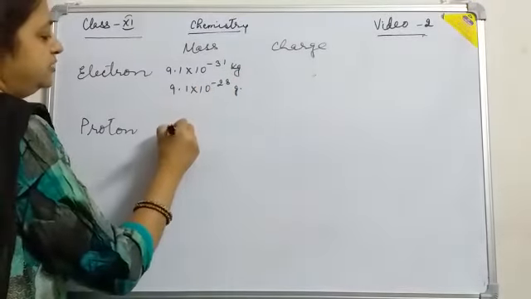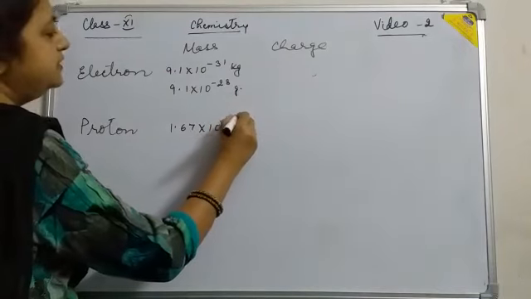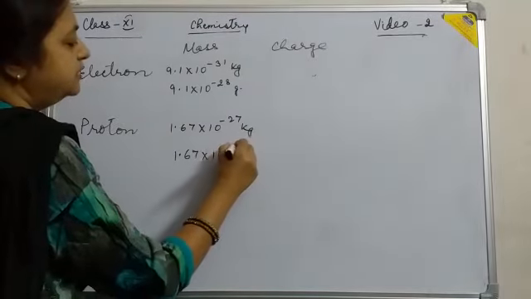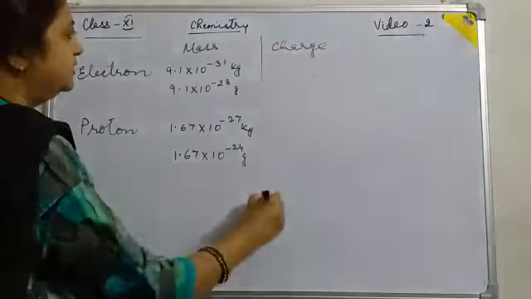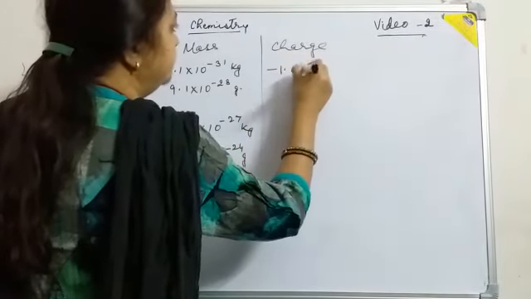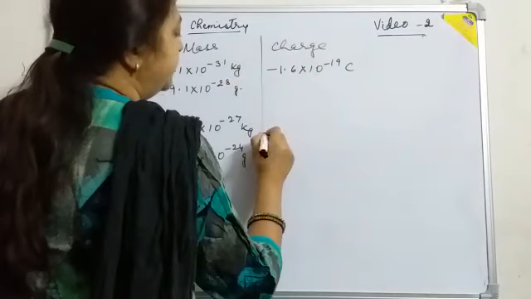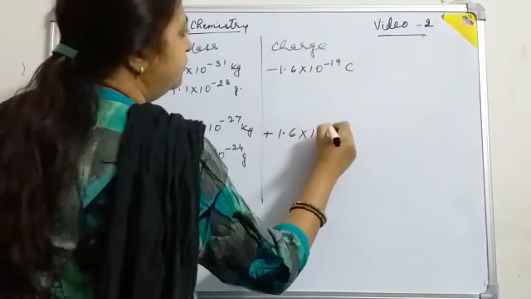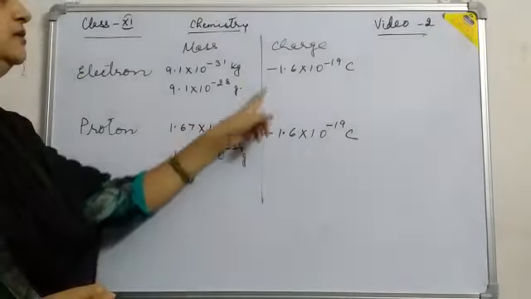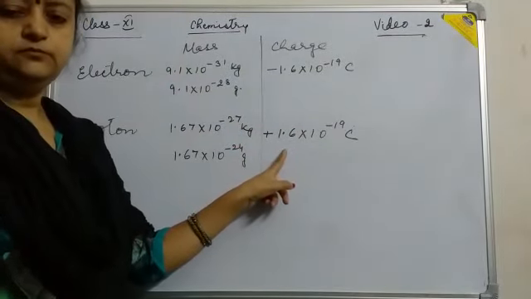And mass of the proton is 1.67 into 10 to the power of minus 27 kg and 1.67 into 10 to the power of minus 24 gram. The charge on the electron is minus 1.6 into 10 to the power of minus 19 coulomb, and here it is plus 1.6 into 10 to the power of minus 19 coulomb. The charges of both are opposite in sign, but the magnitudes are same.